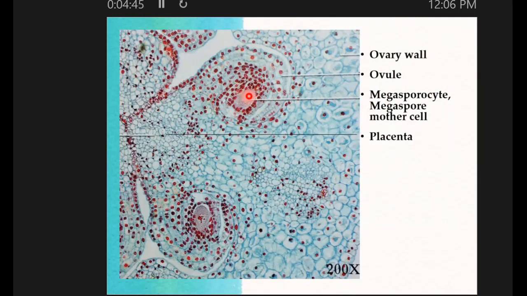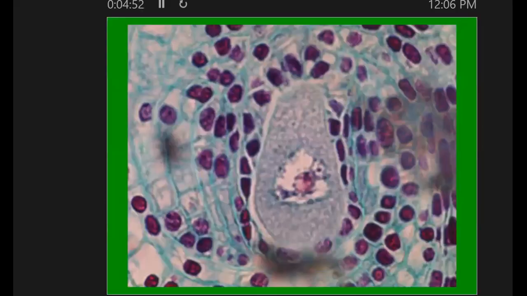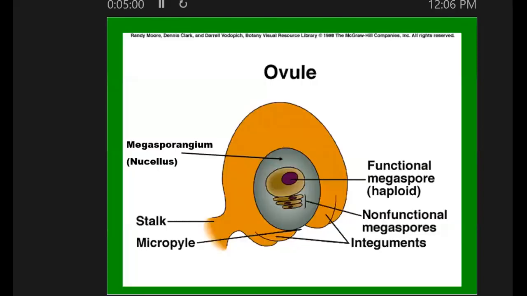Let me work through this. I'm going to show you a close-up, and let me show you pictures as I talk through it. Okay, so here's the megaspore mother cell. Here is the young ovule. So here you have the megasporangium tissue, and in this case, it's just going to be one megaspore mother cell.